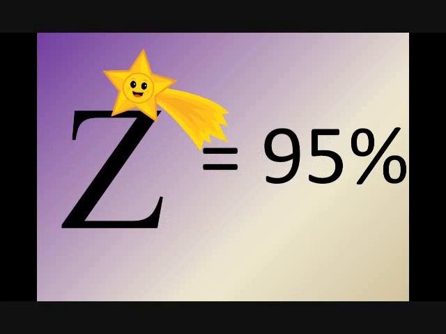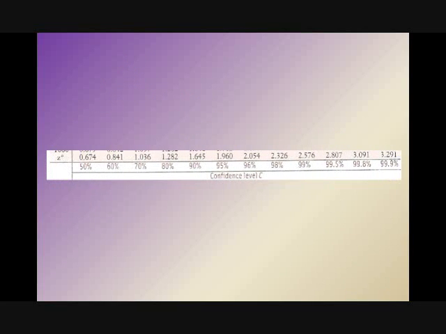Alright, to find what you're looking for, you need m equals 5. Z star for 95% is found in table C, which will equal 1.96. The standard deviation, which is given to you, equals 43, and the square root of n is what you're trying to look for.